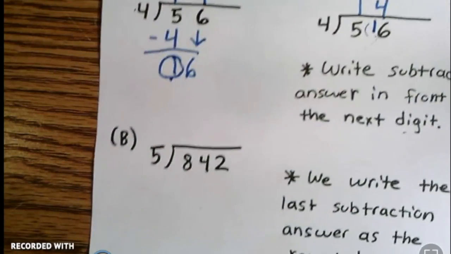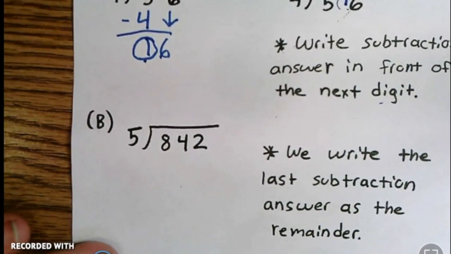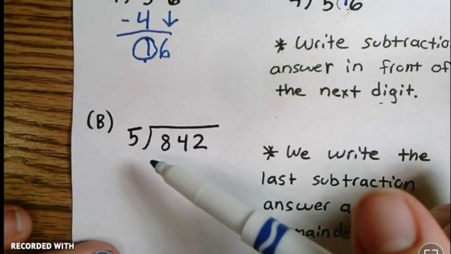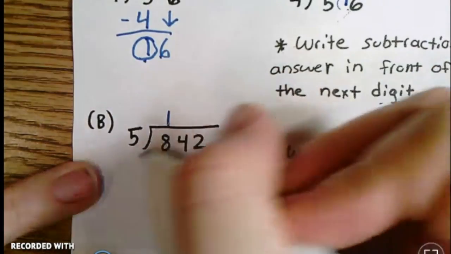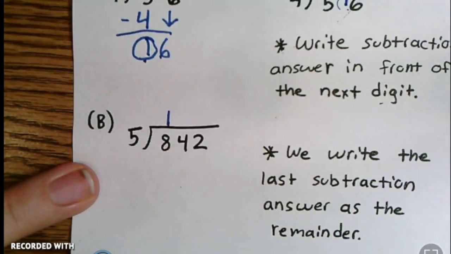Let's look at another example. So here we go. 5 goes into 8 how many times? 1. Now in my head, without writing this down, I'm going to think about it. 5 times 1 is 5. 8 minus 5 is 3.